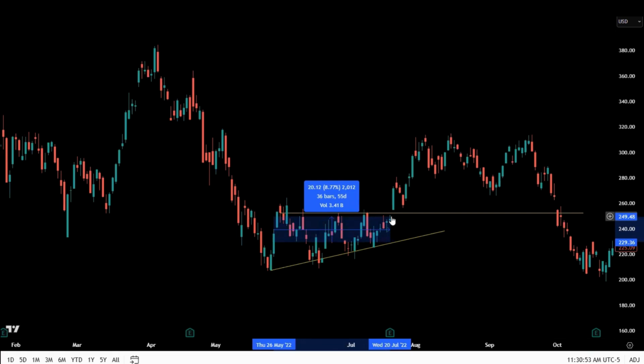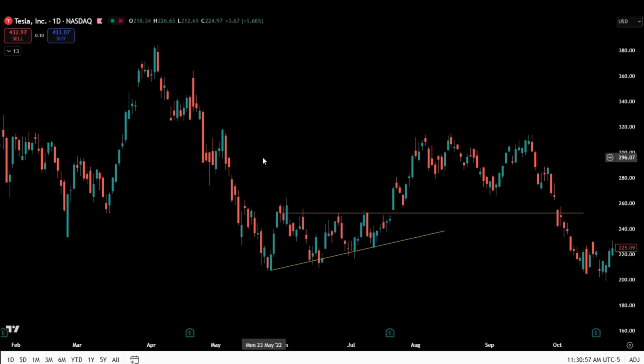It's going to depend on the time frame you're on. But 70 to 80 candles is a nice range of when you can maybe expect a breakout of that area. But as you can see, this one was 36 trading days, 55 days, before we broke out.